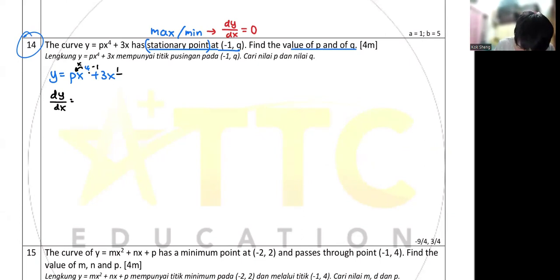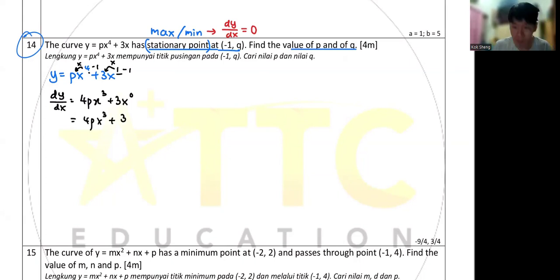So 4px power 3 plus 3. That's your dy over dx.